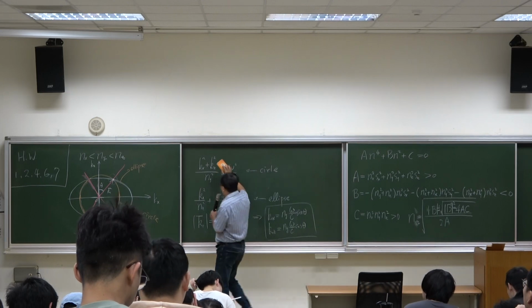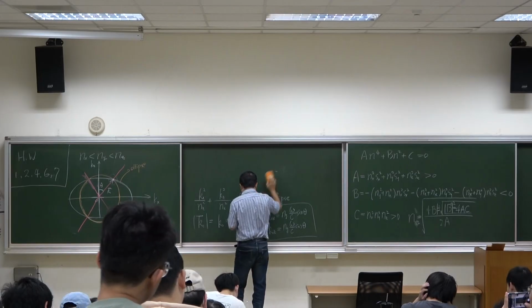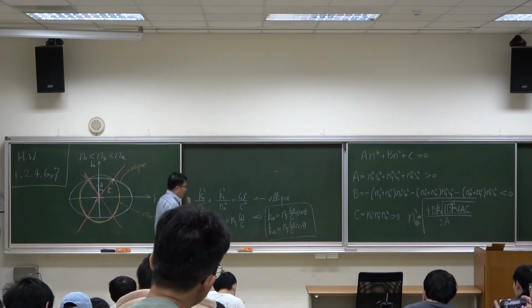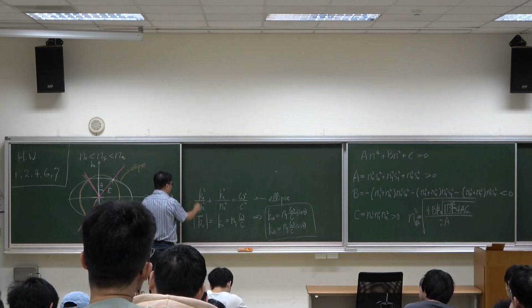So now I substitute this expression for K0x and K0z into this ellipse equation.